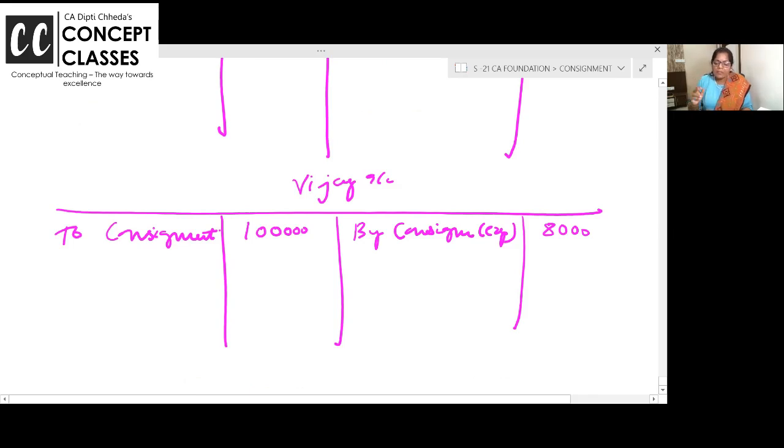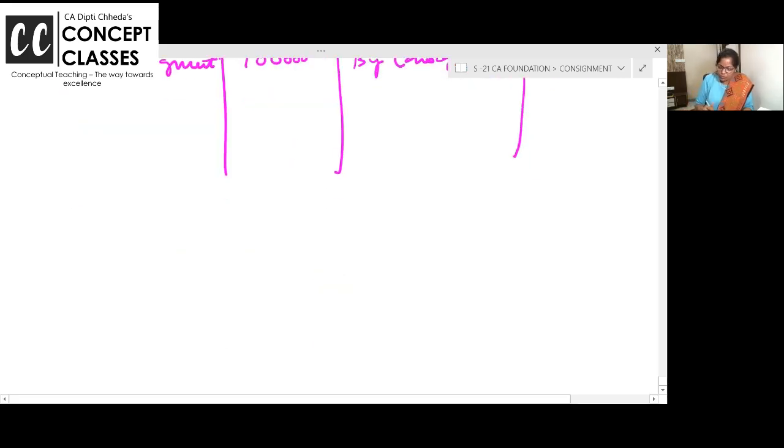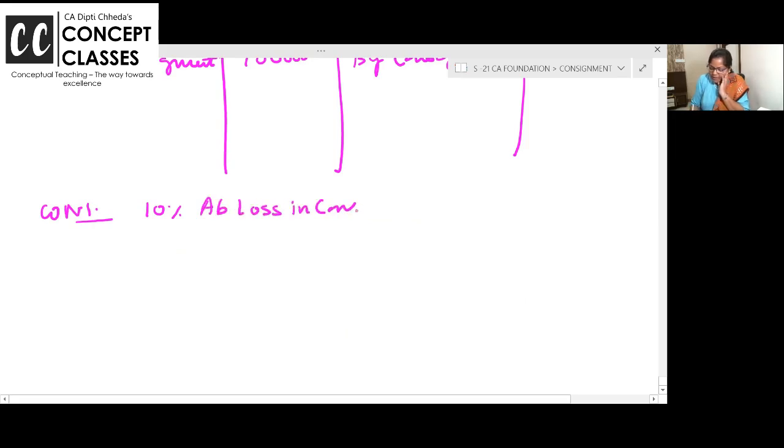10% of consignment stock of 12,500 were destroyed in fire at the Delhi godown of consignee. All right, now we go to working note 1. On the way there is no loss. 10% is abnormal loss in consignee's godown.